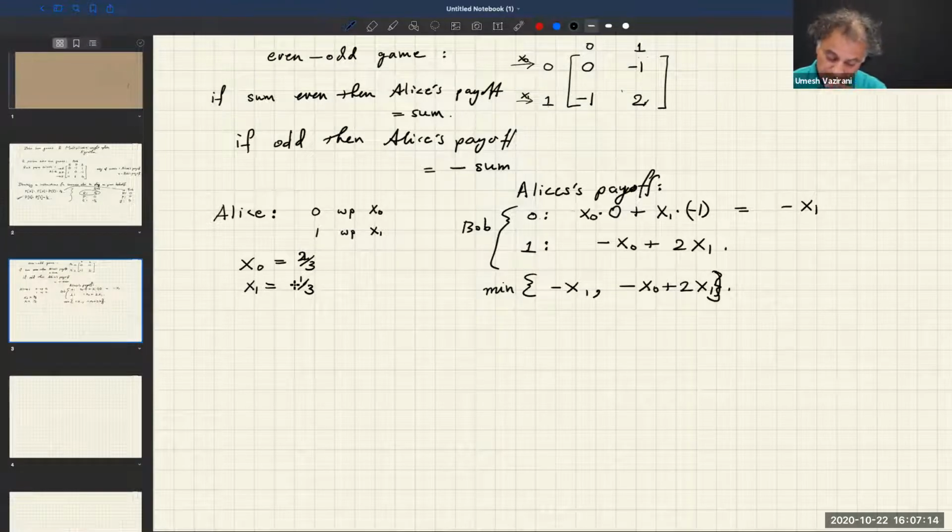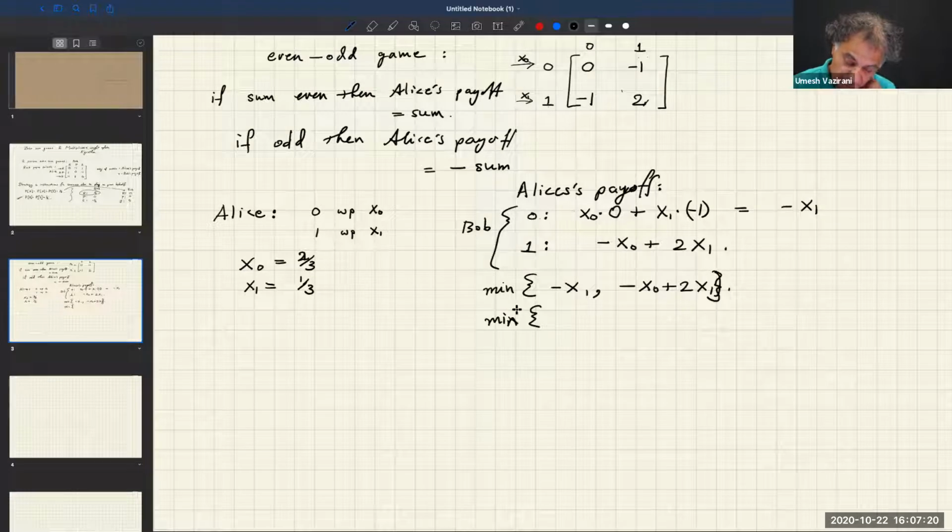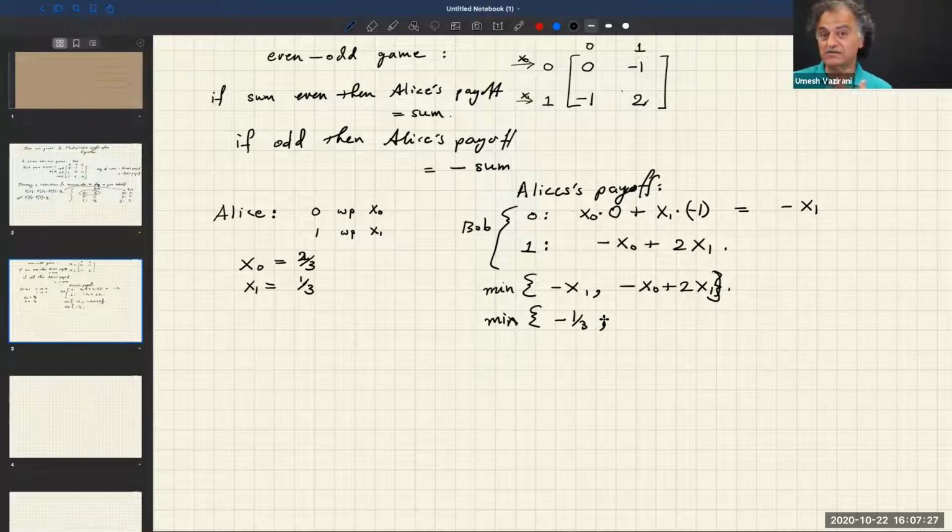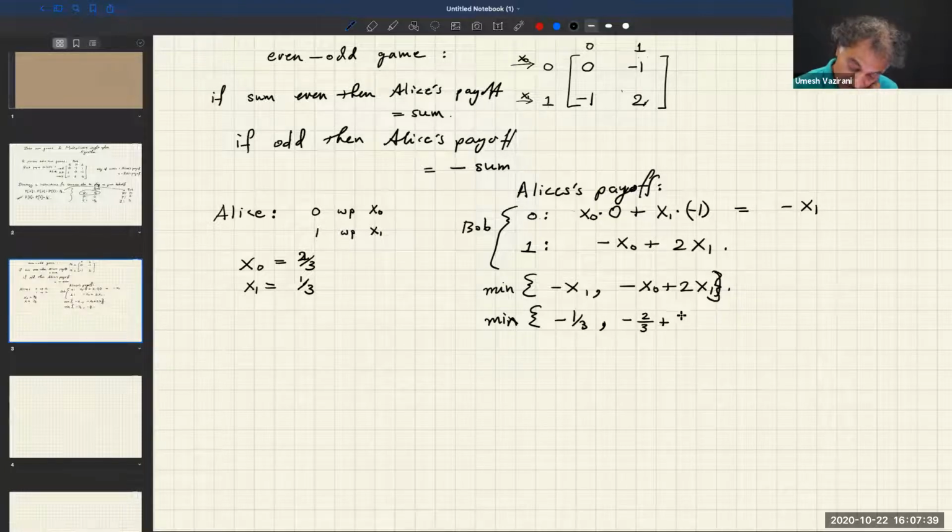Okay. So now what are these two payoffs? Well, we want the minimum of these two payoffs. So if Bob plays 0, then the payoff is minus 1/3, meaning Alice loses 1/3. If Bob plays 1, then it's minus 2/3 plus 2 times 1/3, which is 0.